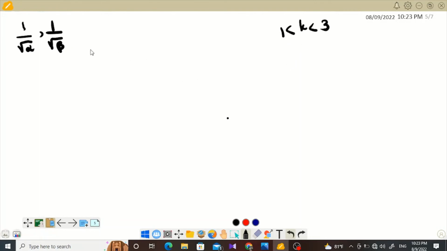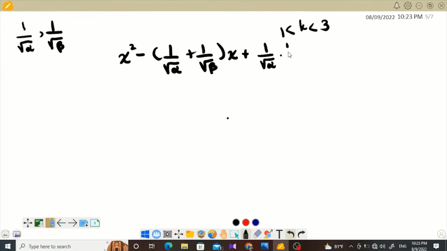So I can write the quadratic equation as: x squared minus the sum of the two roots, 1 over root alpha plus 1 over root beta, into x, plus 1 over root alpha into 1 over root beta, equals 0. Now I am going to find the values for the sum and the product of the roots.